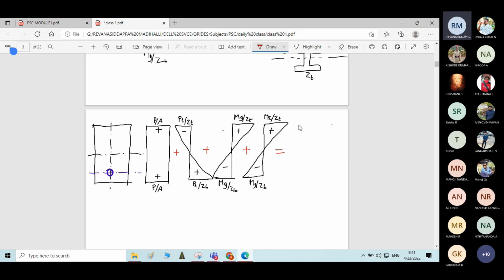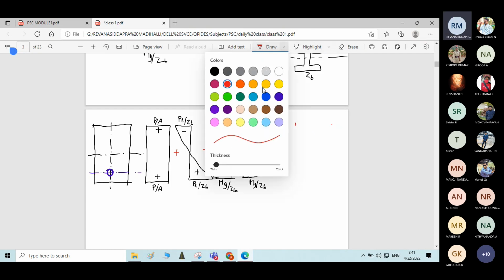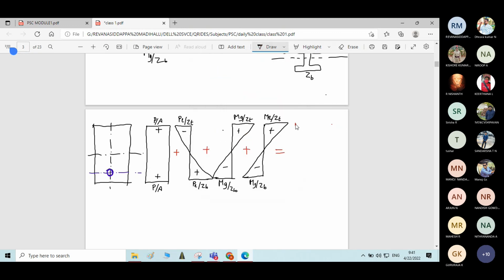Let me write the resultant stress distribution diagram.